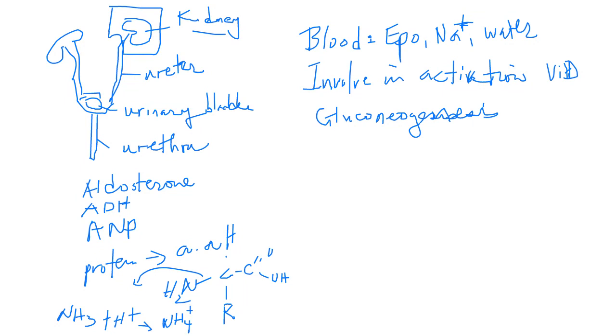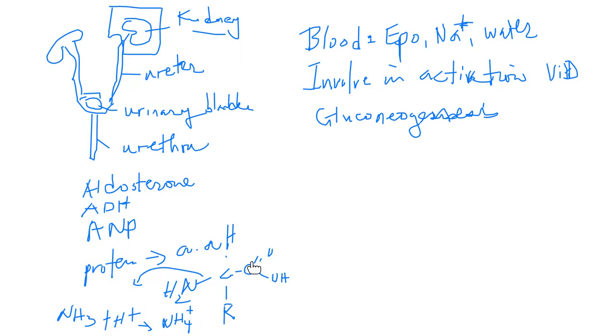And the liver will convert these to urea. But the deamination of amino acids, in general, if you have a lot of protein turnover, you will get a lot of ammonia and ammonium, which then become urea, which is one of the nitrogenous wastes in the kidney.